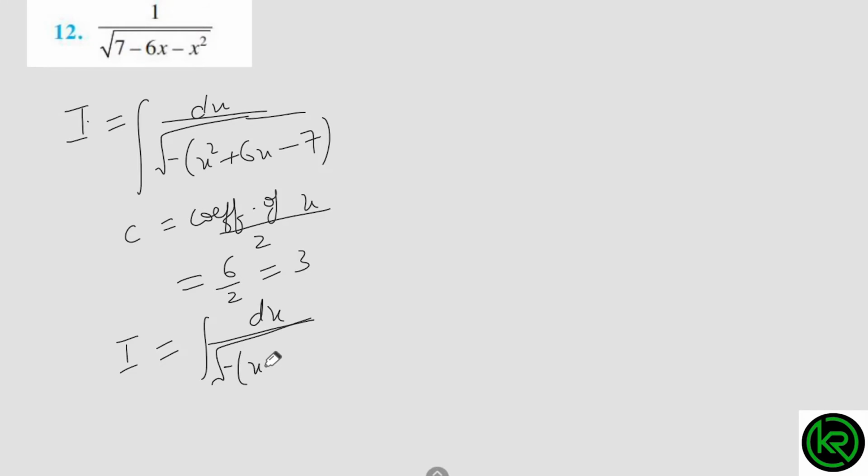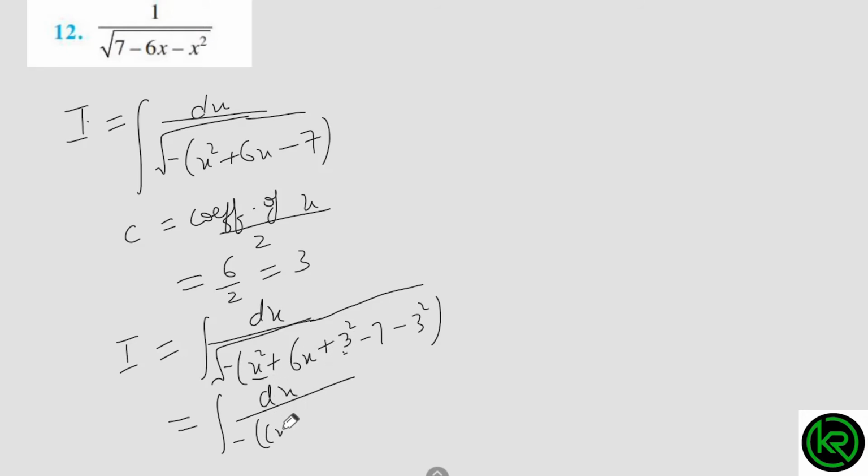So x² + 6x + 3² − 7 − 3². Okay students, now minus we will take as it is, but here we can write this is a², this is b². So we are making a complete square, so (x + 3)², and −7 − 9, which is −16.